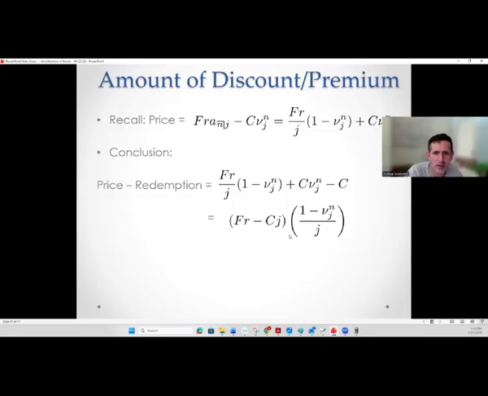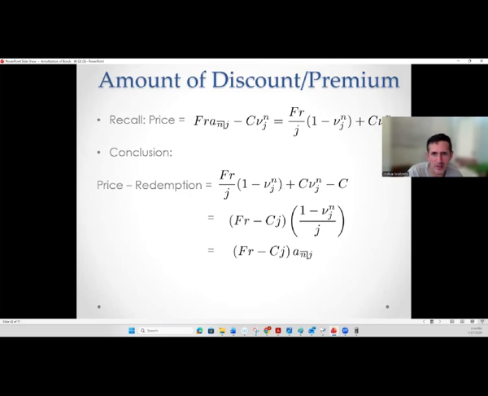This is quite useful, a very easy formula to use. And lo and behold, this is a_{n|j}, 1 minus v^n over j. If you have any doubts, just foil this. I keep saying factor, foil this, and you can see you will get this.